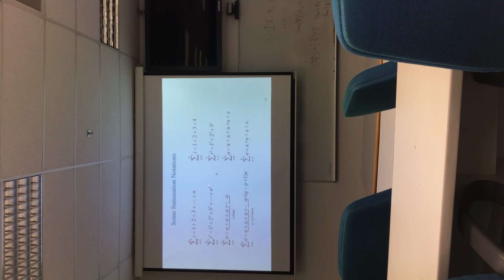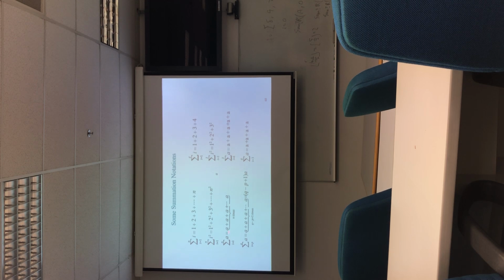And the last term is n. Get this? A more specific example is here: 1 to 3, i squared. For the first term, you substitute i equal to 1 into here, you get 1 squared. Second, i equal to 2, you get 2 squared. Third, i equal to 3. 3 is the limit, so you get 3 squared, etc.